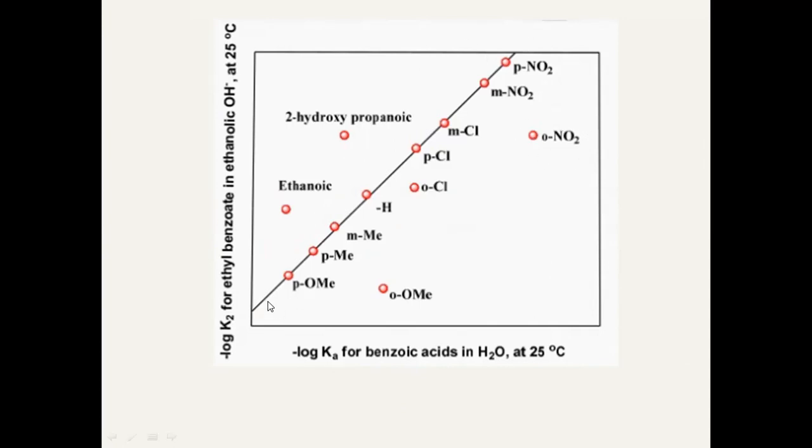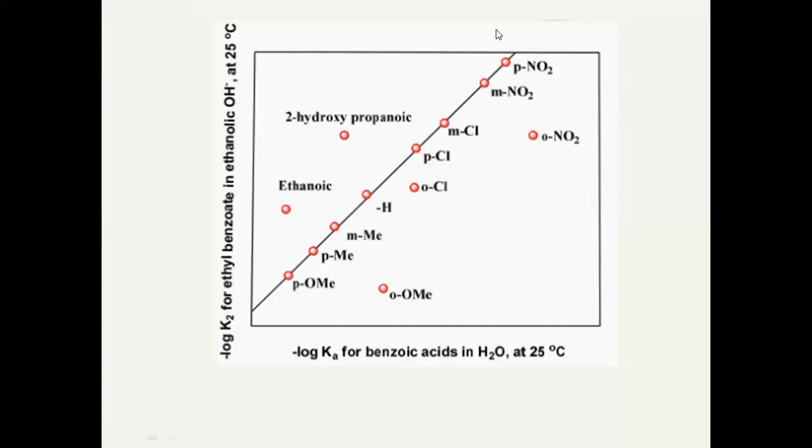Because of the ortho effect, any group present at the ortho position is not studied by Hammett. That is a drawback of Hammett. Hammett is the name of the scientist. The drawback is that he did not study ortho nitro, and he gave the reason that ortho positions are sterically hindered and therefore ortho substitution has no effect. But we should know ortho positions are highly effective.